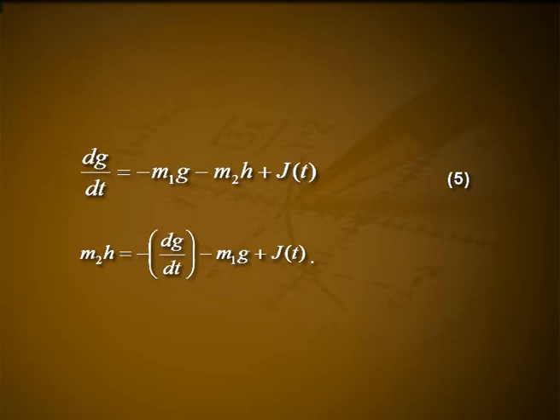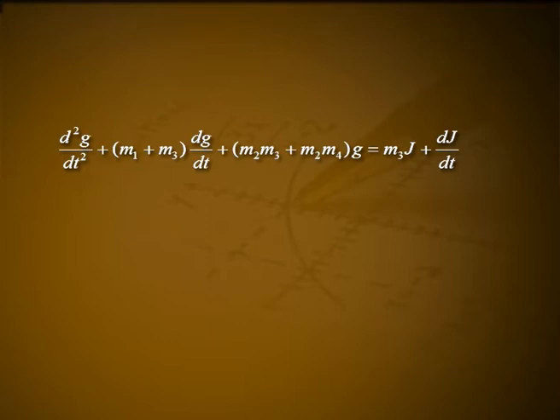Consequently, g(t) satisfies the second order linear differential equation d²g/dt² + (m1 + m3) dg/dt + (m2 m3 + m2 m4) g = m3 j + dj/dt.